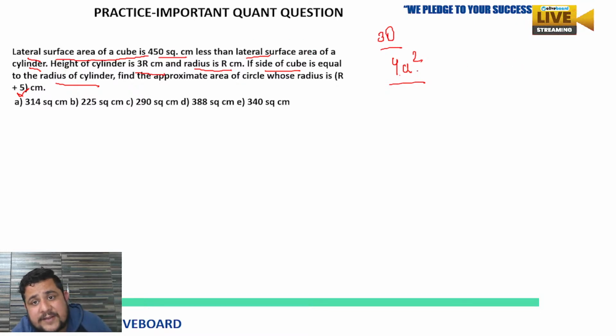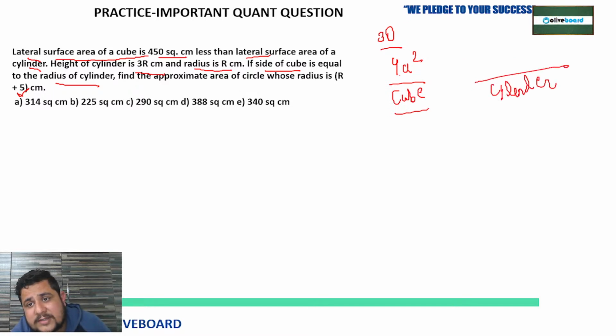So what is the lateral surface area of a cylinder? For cylinder it is 2 pi r h. H is height, r is radius. Are you getting the point now?